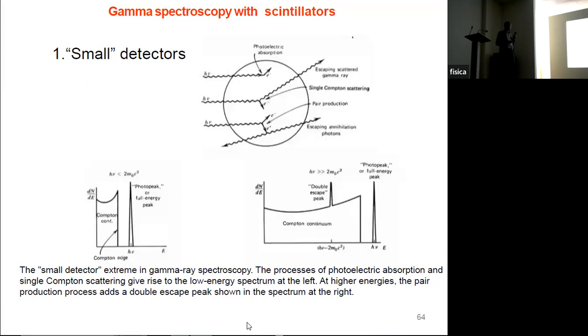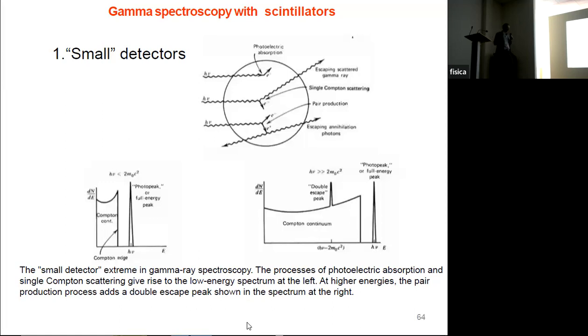You have some assumption that you have a small detector. What processes can happen in this detector? Of course, there can be the photoelectric effect, and if it happens and your gamma ray is fully absorbed through the photoelectric effect, you will get this peak, which is called the photopeak or full energy peak.